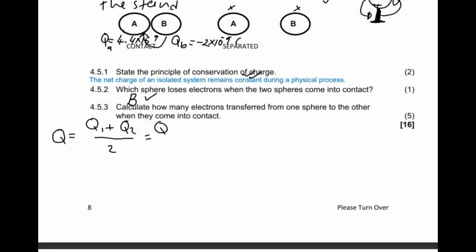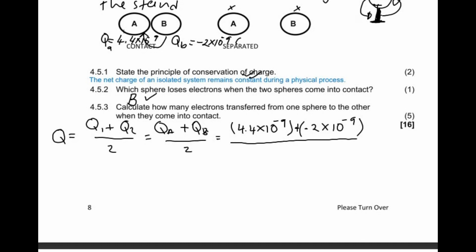So in this case we have (QA plus QB) divided by 2. The charge on QA is 4.4 multiplied by 10 raised to the power of minus 9, plus, in brackets, the charge on sphere B, which is minus 2 multiplied by 10 raised to the power of minus 9, and all of it must be divided by 2. So we can just put this in a calculator.